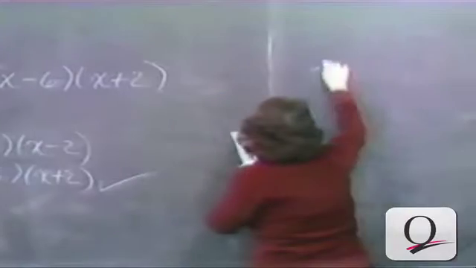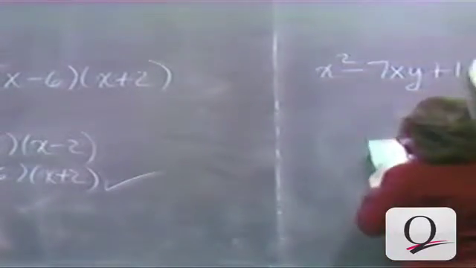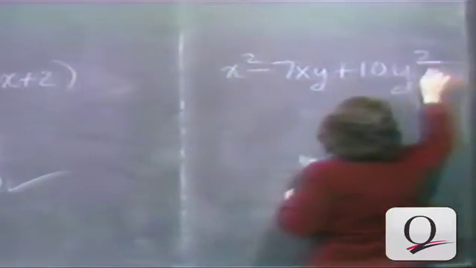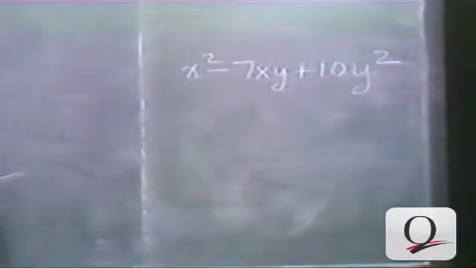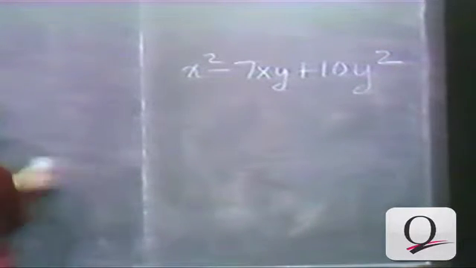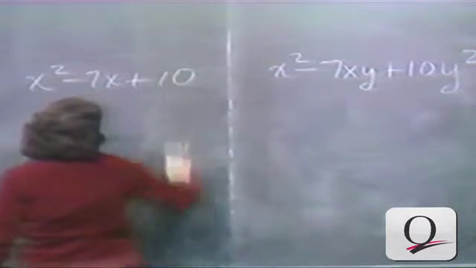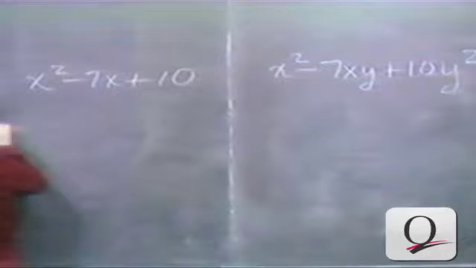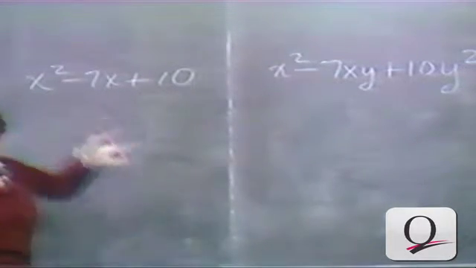Let's look at this problem. x squared minus 7xy plus 10y squared. Now if this had been x squared minus 7x plus 10, you could probably handle it with not too much difficulty. We want two numbers which multiply to plus 10 and add to minus 7.